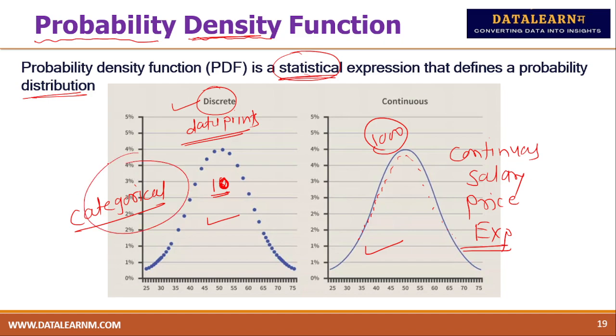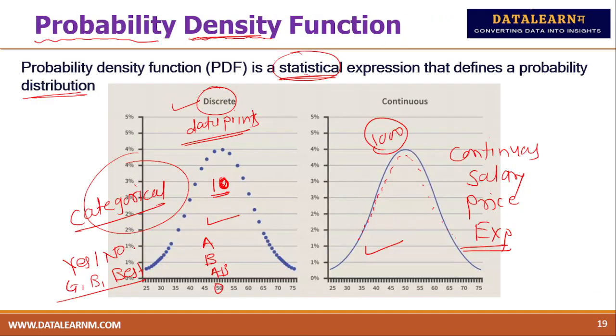And in categorical, you have yes and no only, grades like good, better, best, or blood groups of a person, A, B, AB, O. Is it okay? Discrete values and continuous values are what give you the probability density function.